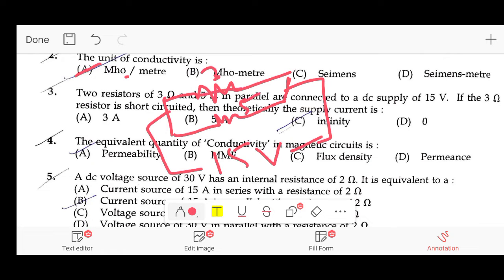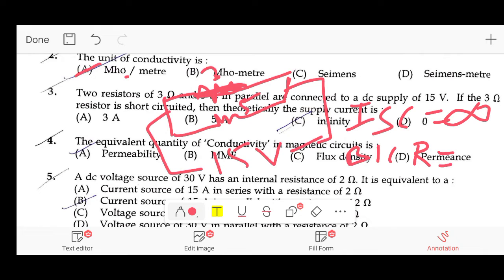If the 3 ohm is short circuited, then theoretically the supply current will be, whenever there are parallel paths and any short circuit is there, the short circuit current is infinity, because the resistance in the short circuit path is 0. So current always tries to flow in a low resistance path.